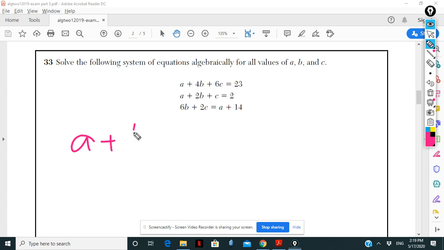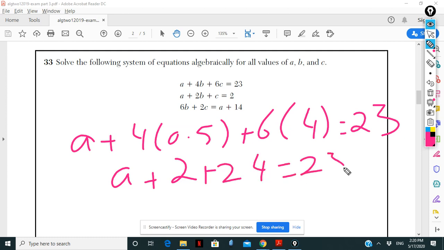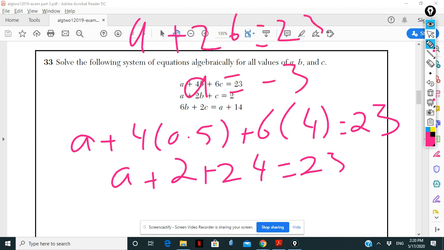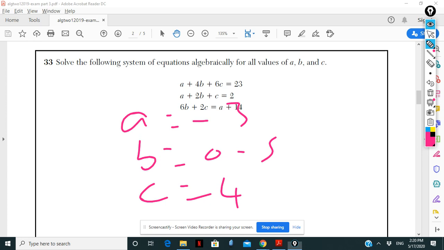So A plus 4 times half plus 6 times 4 equal to 23. So A plus 2 plus 24 equal to 23. So A plus 26 equal to 23. So A equal to negative 3. So the answer: A equal to negative 3, B equal to half, C equal to 4.